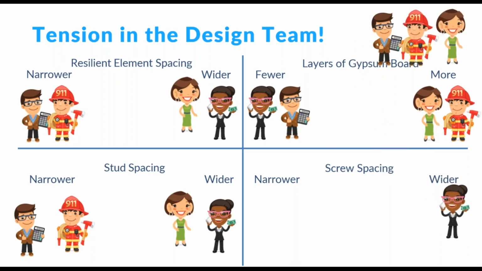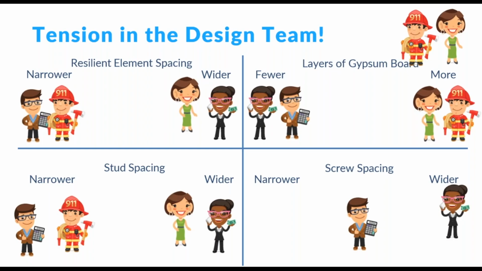All right, last but not least, screw spacing. Again, this is for attaching the gypsum board to the structure. So again, fewer screws, less labor, less money. Structural engineer probably doesn't care too much about the screw spacing for attaching the gypsum board, especially to things like resilient channel and hat channel, because it's just not part of the structural calculations.